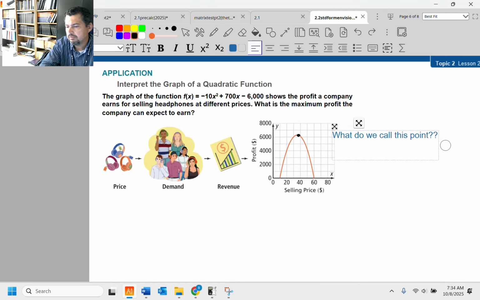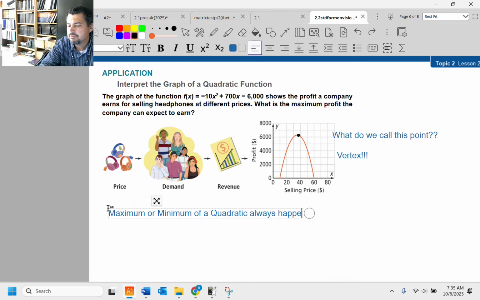Now hopefully, you're thinking and you say it's the vertex. We call it the vertex. And that's kind of an idea here, is that the maximum or the minimum, and you need to be writing notes, of a quadratic always happens at the vertex.